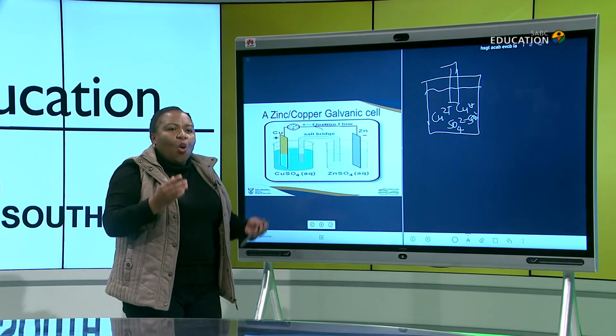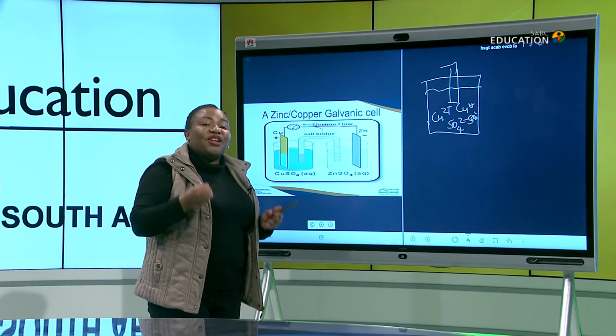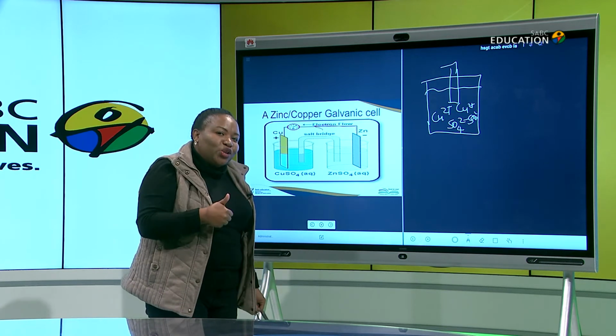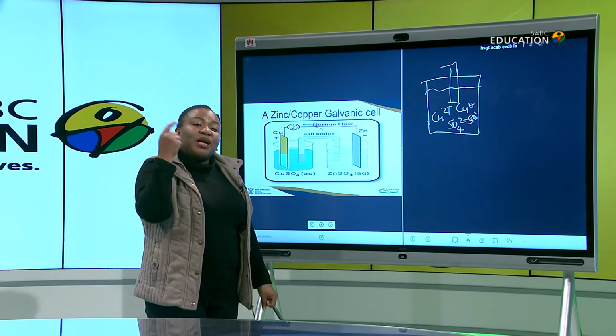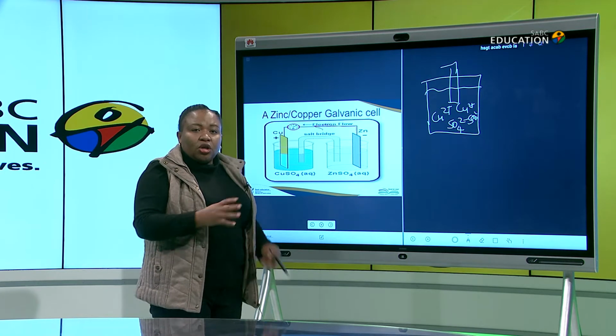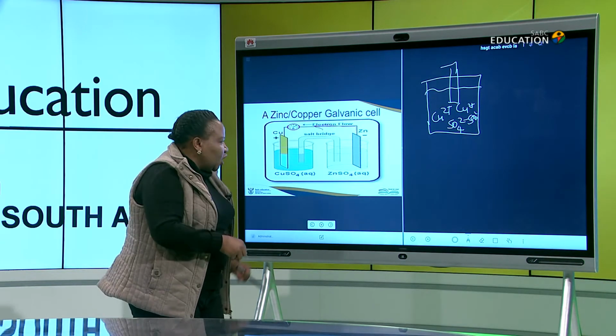So you can ask yourself, what makes the solution blue? It is not the sulfate ion, because the sulfate ion is common in both electrolytes, but the copper 2 plus ion, not just copper ion, because we still have other copper ions that are not 2 plus. So the blue color is because of the copper 2 plus ion being present in the solution.